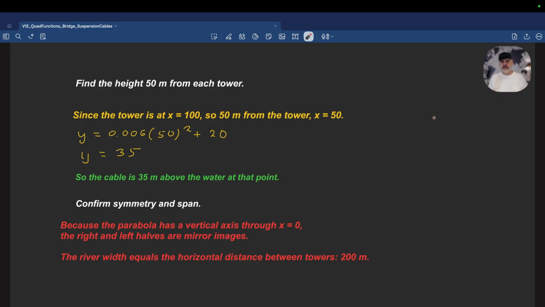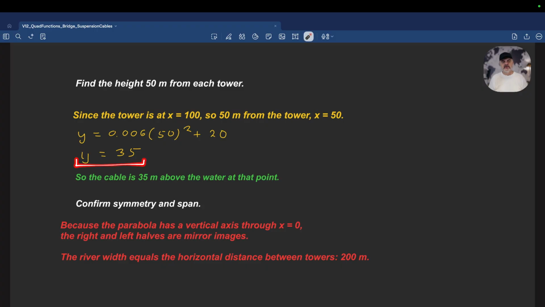So when they said in the question, find the height of the cable above the water surface 50 meters from each tower, if you recall the diagram, you go from the right side tower 50 towards the left, or you can think of the left side tower and move 50 away to the right. So either you can use positive or negative 50 for x in this equation. The symmetry of the parabola means that positive x of 50 or negative x of 50 produces the same result. So plug 50 into the equation and find the height.